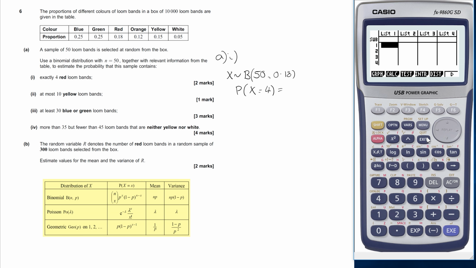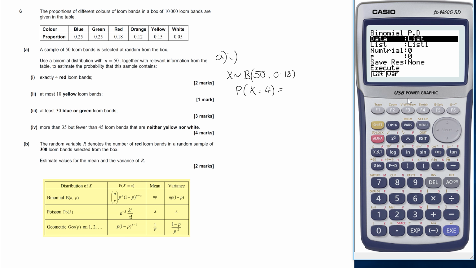So going out of normal now, we're doing distribution. This time we're doing binomial, so F5 binomial, and it's BPD, it's an exact value. Make sure this is set to variable.